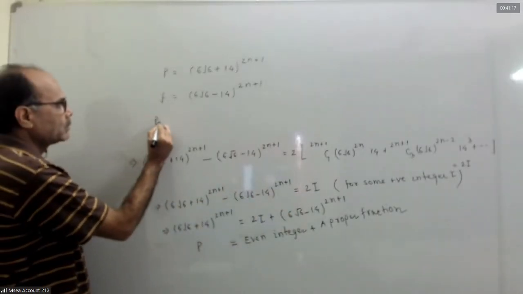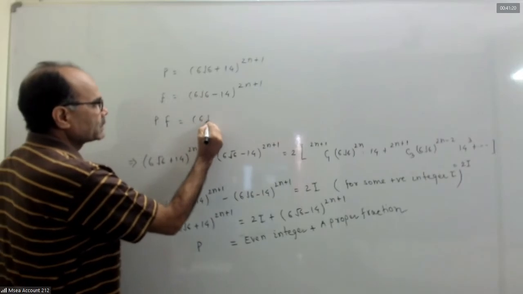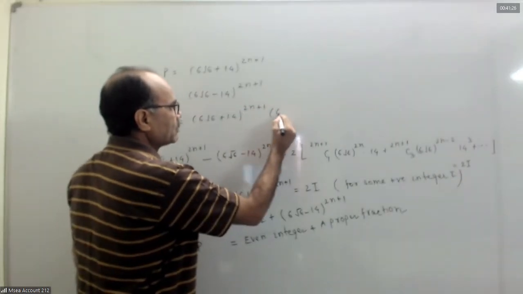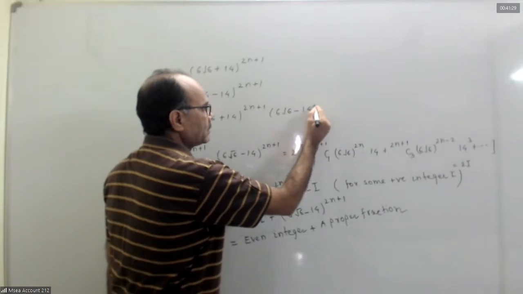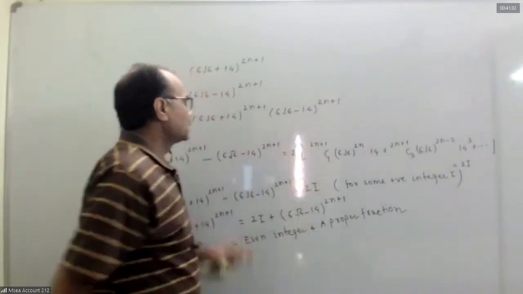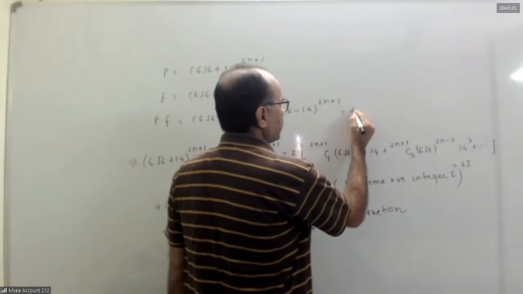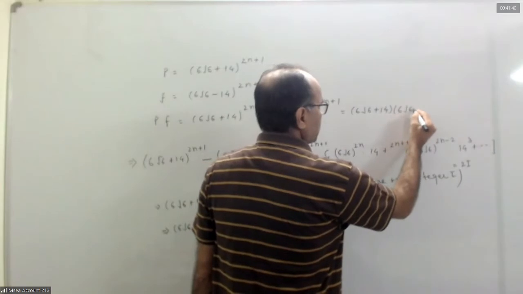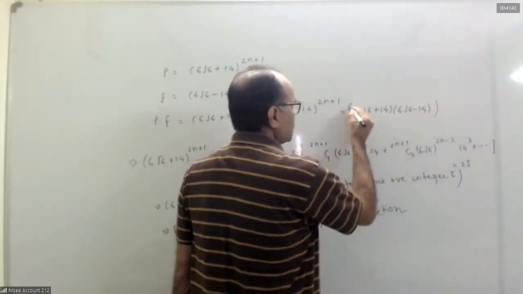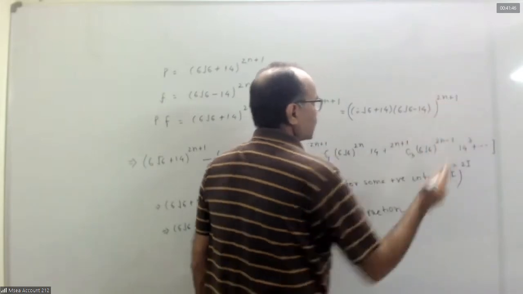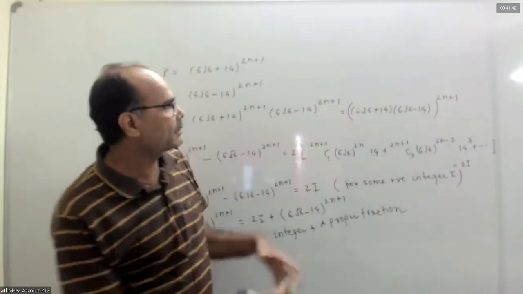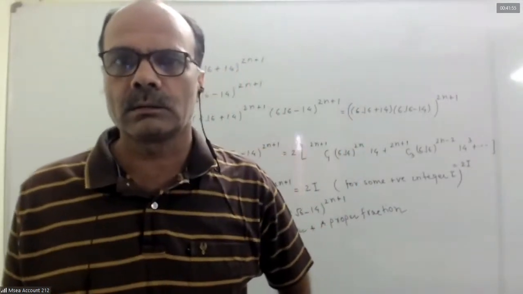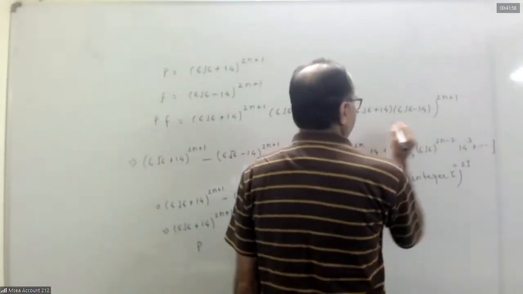PF equal to 6 root 6 plus 14 to the power 2n plus 1 into 6 root 6 minus 14 to the power same, which is 6 root 6 plus 14 into 6 root 6 minus 14 whole to the power. Within the bracket, how much is this number? 20. Yes, sir, 20. So 20 to the power 12.